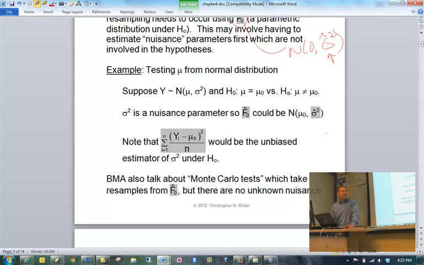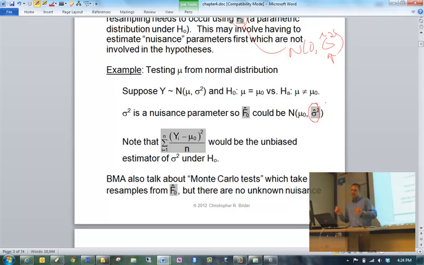Testing mu from normal. If we just said that the null hypothesis itself was mu is equal to mu 0, that's what I wrote this example up on. And so what do we do with sigma hat squared? Sigma squared itself is often referred to as a nuisance parameter because it's not involved in the actual test itself, but we still need to take care of it somehow.